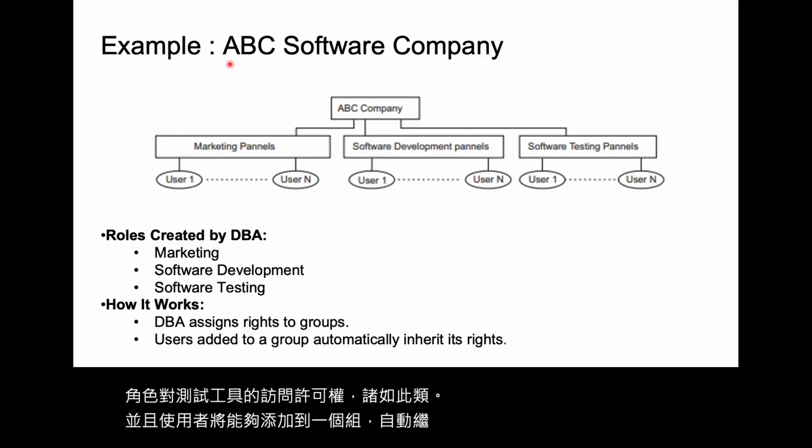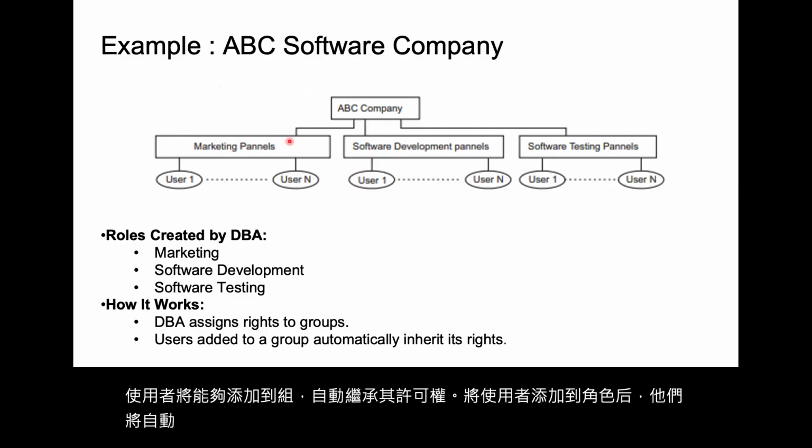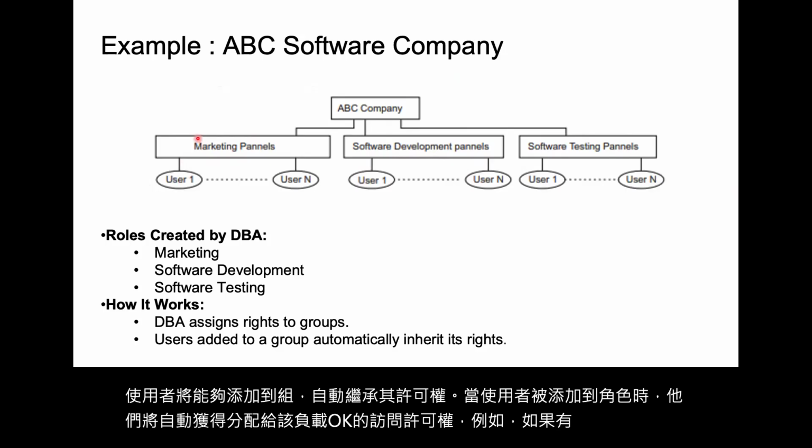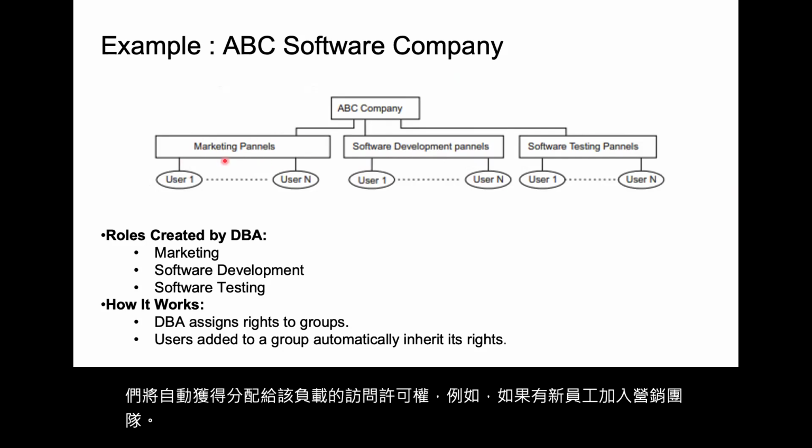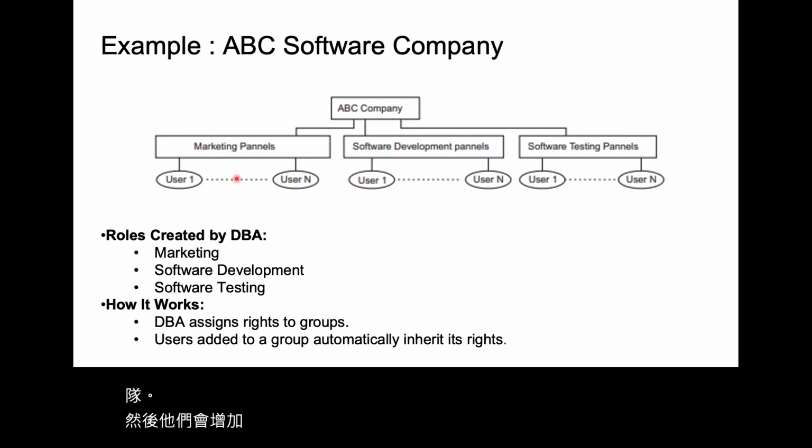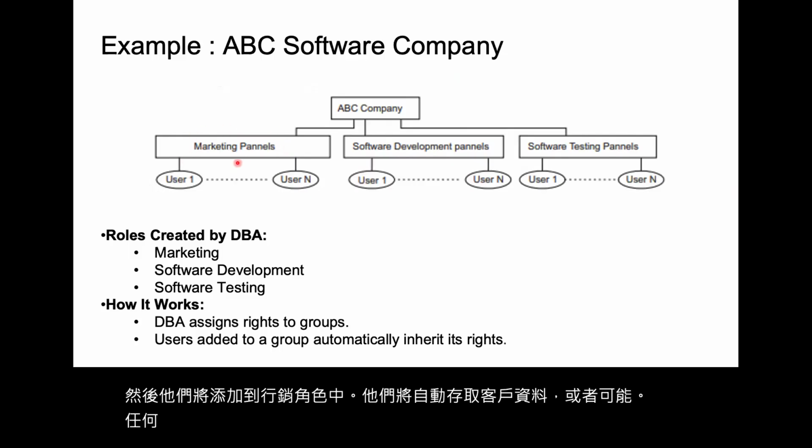When a user is added to a role, they will automatically get the access rights assigned to that role. For example, if a new employee joins the marketing team and is added to the marketing role, they will automatically get access to the customers' data or any other data that the marketing department can access.